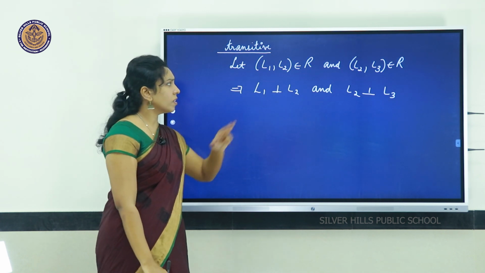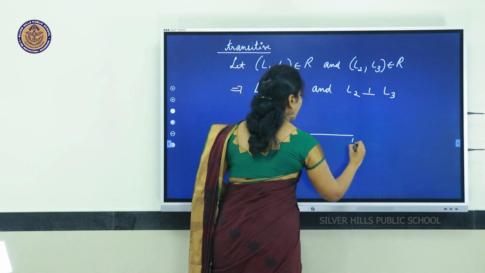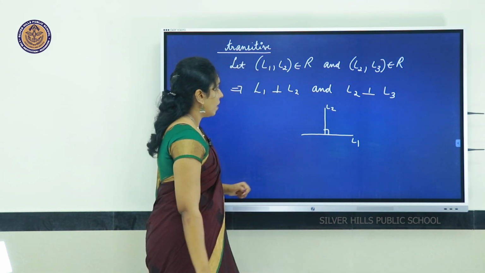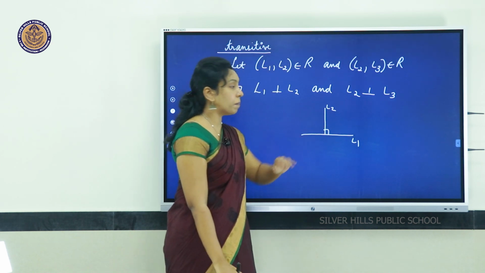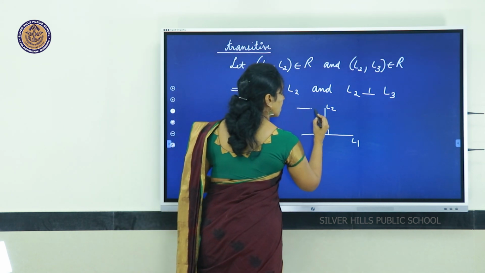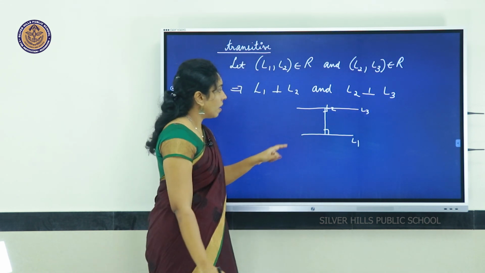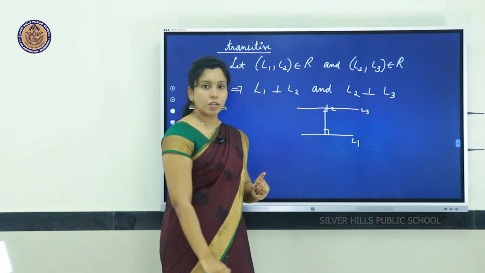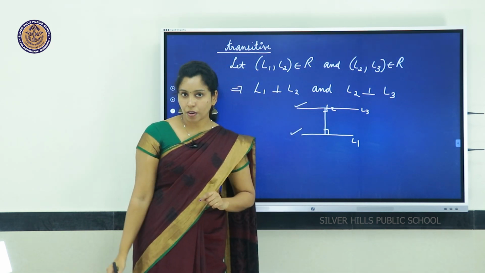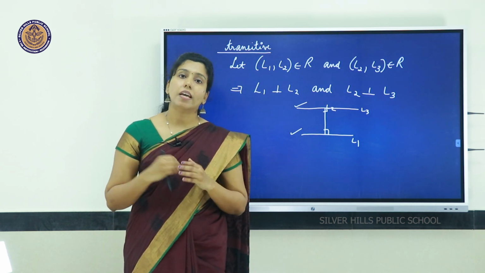So can we say L1 is perpendicular to L3? We will just draw the figure and check. I have L1, I have L2. These two are perpendicular. And then I have L2 which is perpendicular to L3. So how can I draw L3? I can draw like this, isn't it? Here, this is my L3. L2 perpendicular to L3. So what can you say about this line and this line? Are they perpendicular? No, but they are parallel. But our relation is that the two lines are perpendicular.